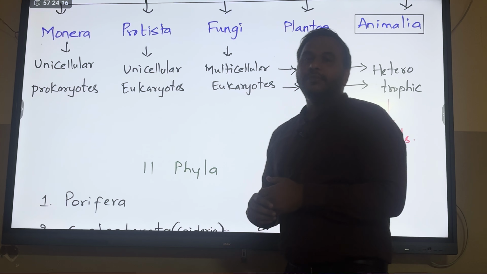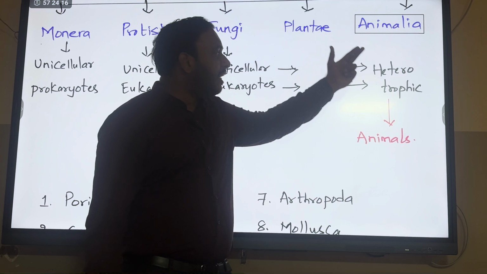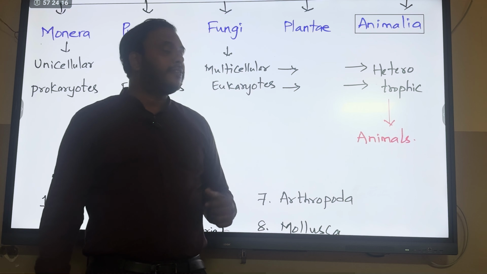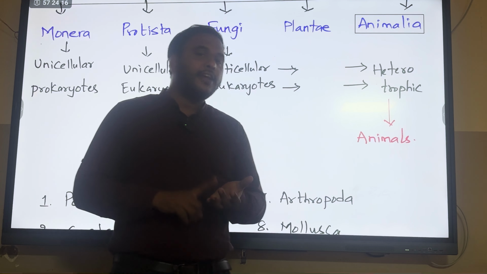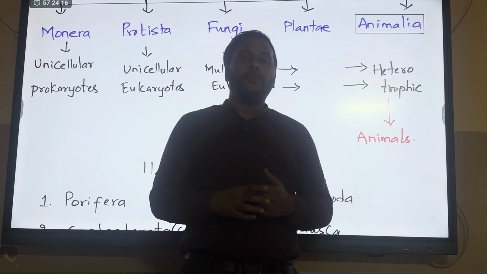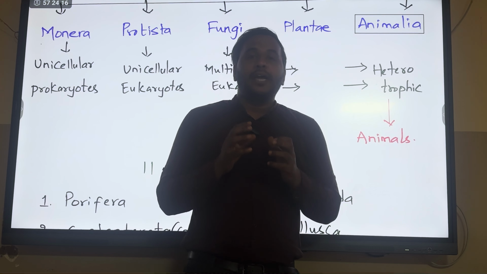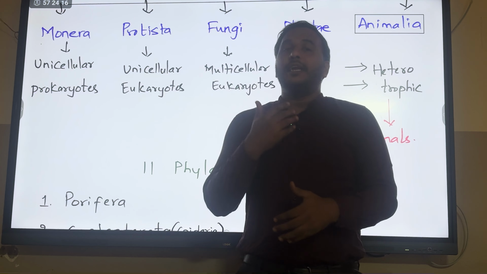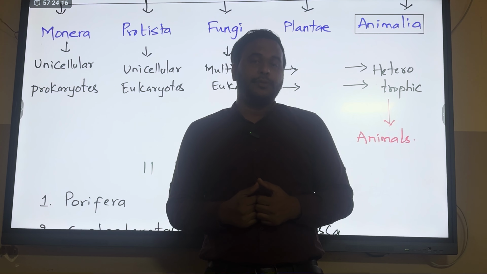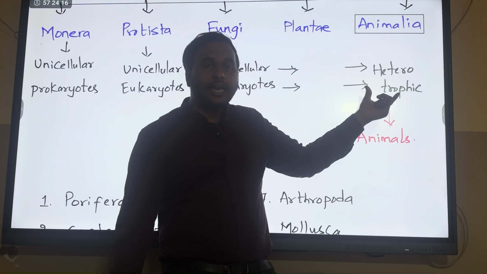And the 5th kingdom is animal kingdom, that is multicellular, heterotrophic, and eukaryotes. Multicellular we know, eukaryotic also we know, and heterotrophic means they cannot prepare their own food material as they depend on other organisms to get the nourishment, nutrition. So they are called heterotrophic organisms.